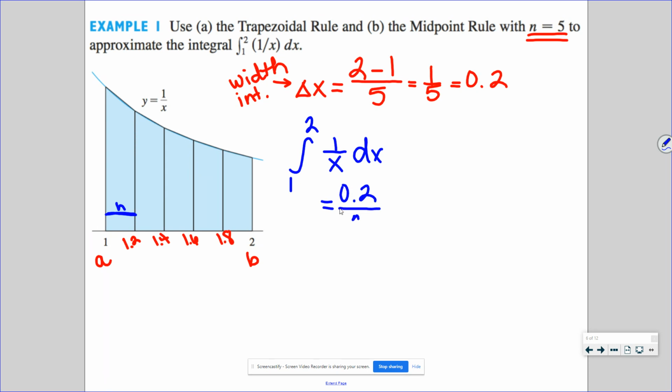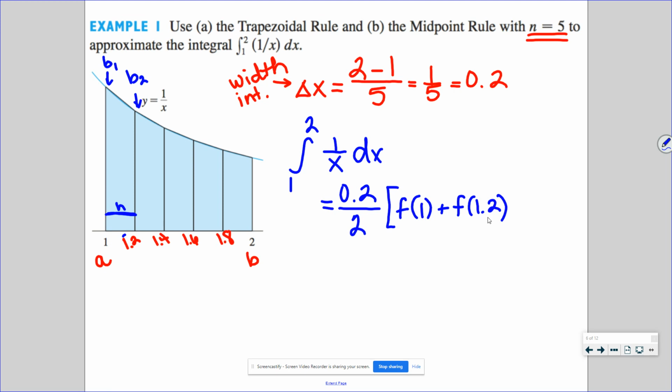And you divide that by 2 for a trapezoid. And then you would do base 1 plus base 2. Base 1 is the height of the left side of the first trapezoid, and base 2 is the height of the right side of the trapezoid. In this case, I don't know those values at the moment, so I'm just going to be generic and call them f of 1, the height at 1, and f of 1.2.